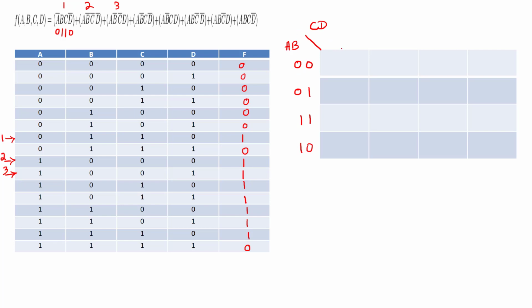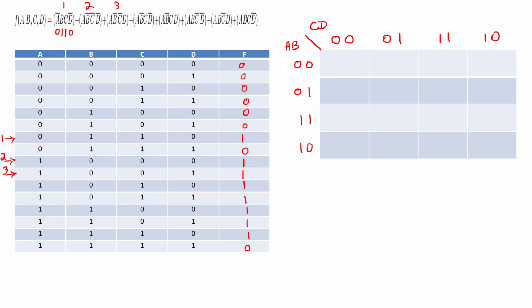Similarly, for my columns, I will label them as 00, 01, 11, 10. When you are solving a Karnaugh map problem in an exam, make sure that you label the Karnaugh map correctly. This is one of the major mistakes students make when they are labeling the Karnaugh map.